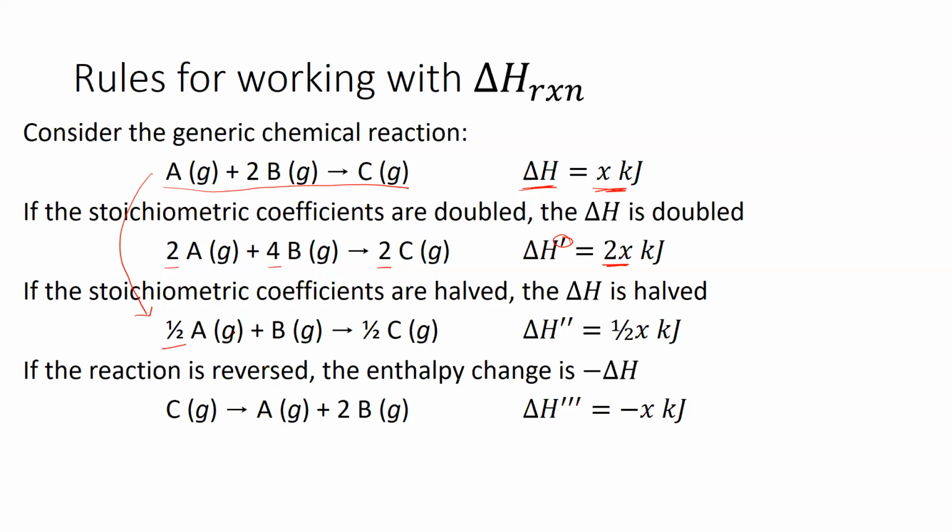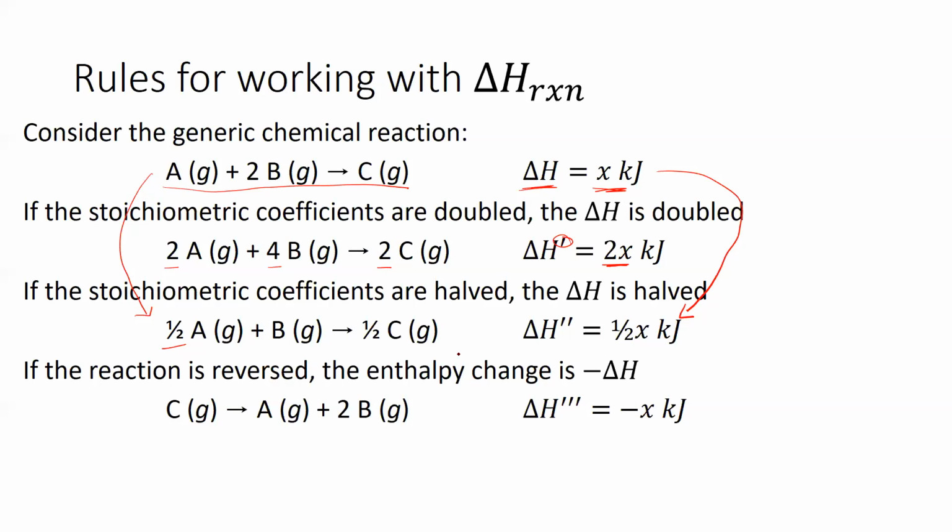So you go from A to A over 2, or 1/2 A, and from 2B to B, and from C to 1/2 C, then you multiply the enthalpy of the reaction by the same value that you multiplied the stoichiometric coefficients. So if you change the stoichiometric coefficients, you have to change the enthalpy change as well.